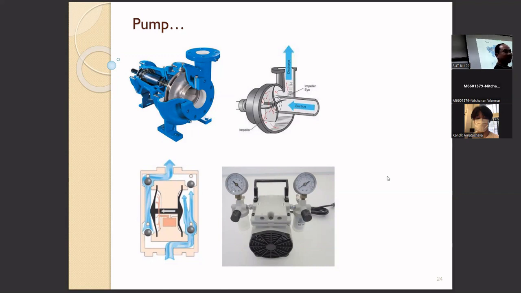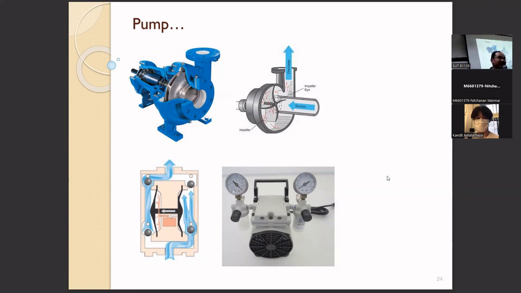Why do we use a peristaltic pump? Usually for chemicals, we use the pump to transport chemical, and we use the peristaltic pump. Usually we have the plastic tube.